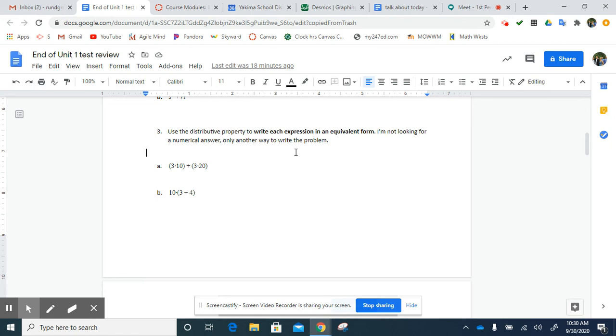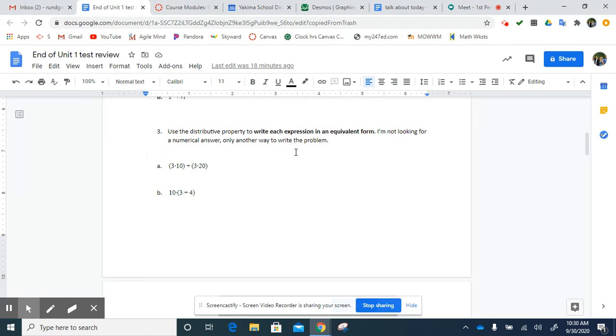We're not looking for the answer here. We're looking for you to write different ways of showing the distributive property. So I'll show you how this is done. And like I said before, this review is very, very similar to what you guys are going to see on the actual test. So make sure you're taking good notes so you do this correctly.